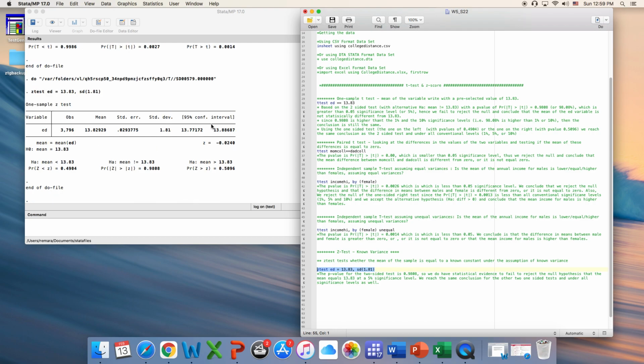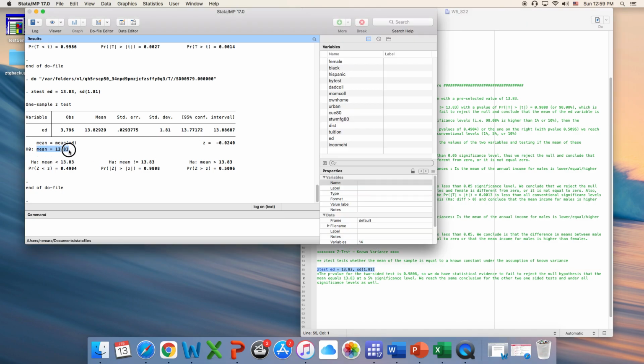You get something like this. I'm testing whether the mean of education is 13.83. The alternative here is not equal. The alternative here is greater than 13.83. The alternative here is less than 13.83. And again, as you can see, all of them are failing to reject the null. There is a high probability that the null is true, because based on the actual data, the mean is 13.82, which is approximately 13.83.